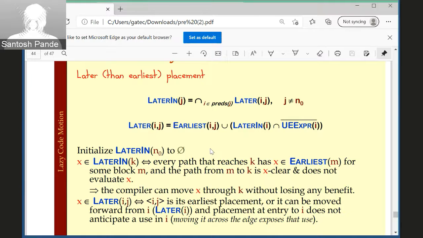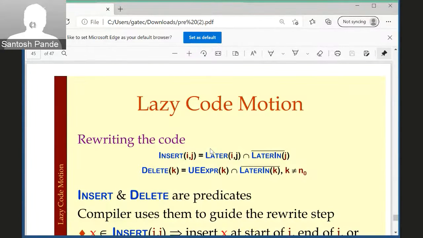So we're syncing it straight to its end. And so therefore, all the later in edges, which are our exit edges from I to corresponding J's, they will become true. That means that the expression can flow now and should be evaluated along all the outbound edges at the end of I. So we'll basically keep doing this, and finally we'll be at this particular conditions.